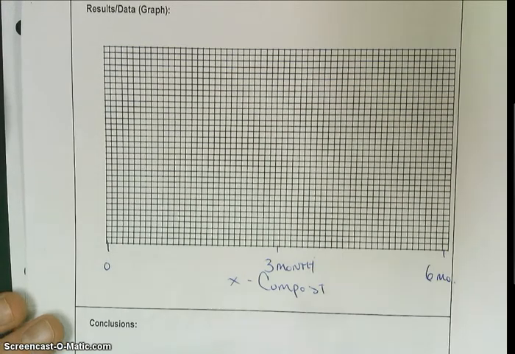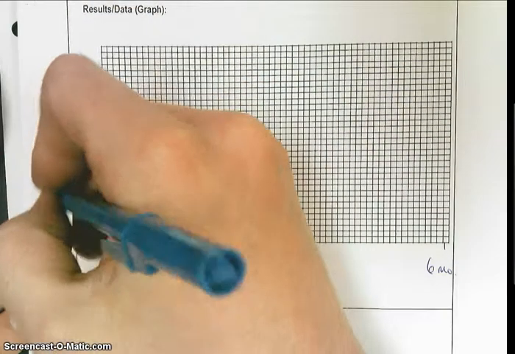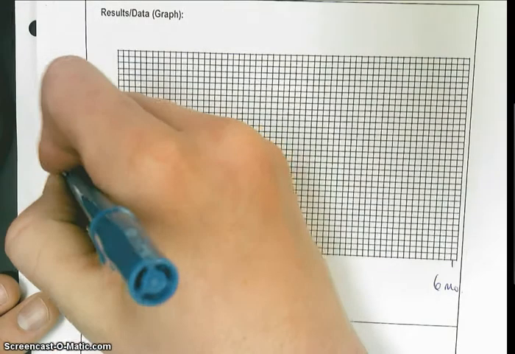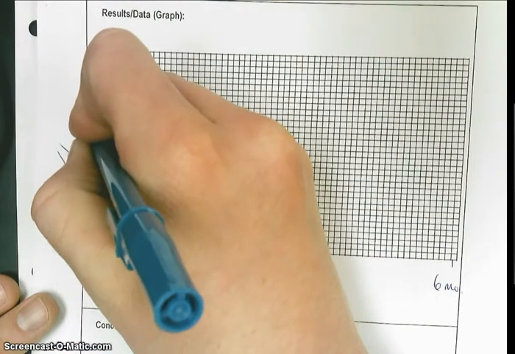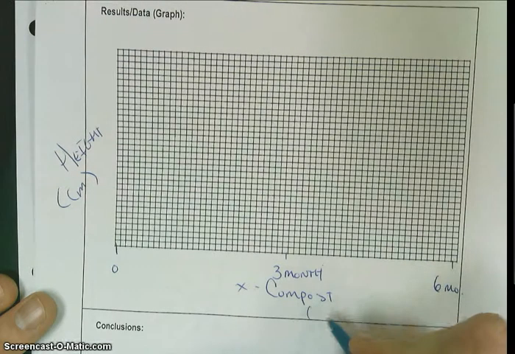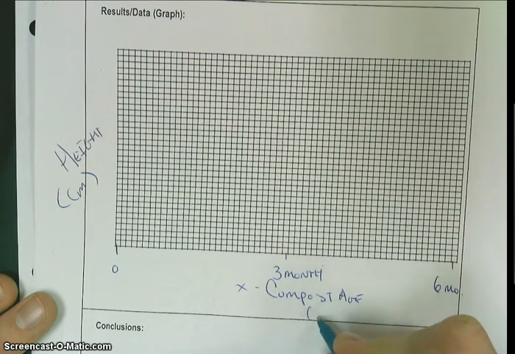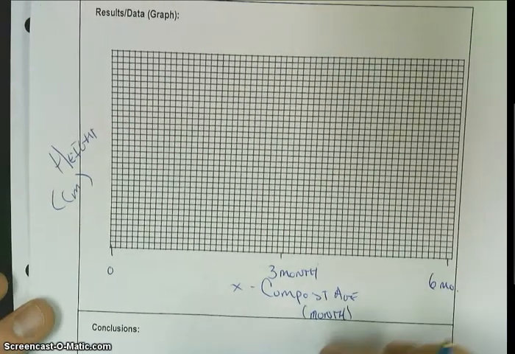We also had a Y value. Our dependent variable is going to be height, in centimeters. The compost age is in months.